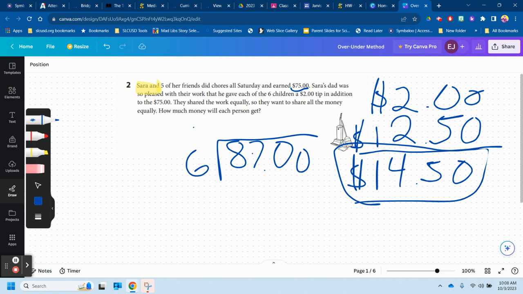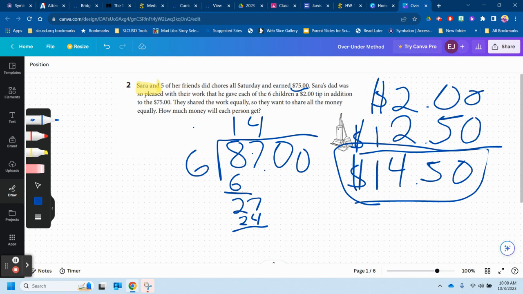8 tens divided among 6 people. They'd each get one $10 bill, and that took care of 6 of them. But that means I have 2 left over. I'm going to trade them for the $1 bills, so I have 21 plus 7 ones from here, 27. If I got 4 here, that would give me 24.